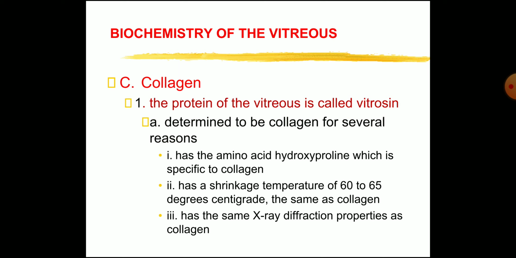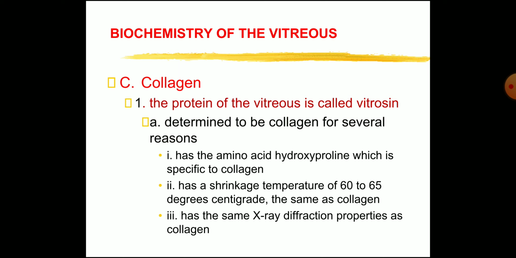Then collagen. The protein of vitreous is called vitrosin, determined to be a collagen for several reasons. It has the amino acid hydroxyproline, which is specific to collagen. It has a shrinkage temperature of 60 to 65 degrees centigrade, the same as that of collagen.